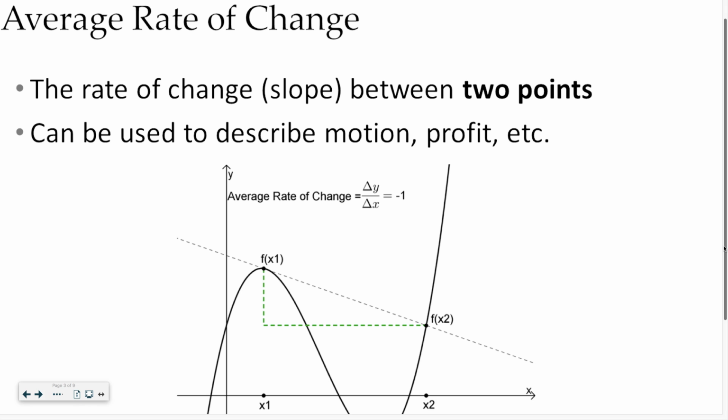We're on some sort of other function. Okay, so when I'm asking you for the average rate of change, you need 2 coordinates, change in y over change in x. That's all it is. Y minus y over x minus x.